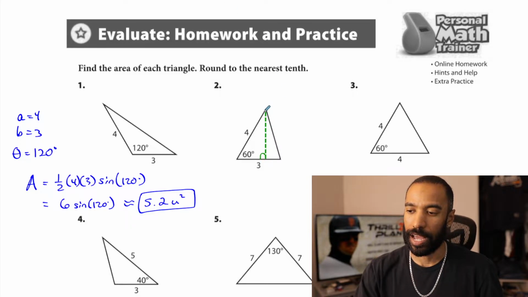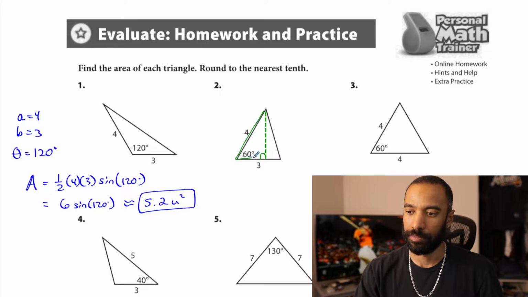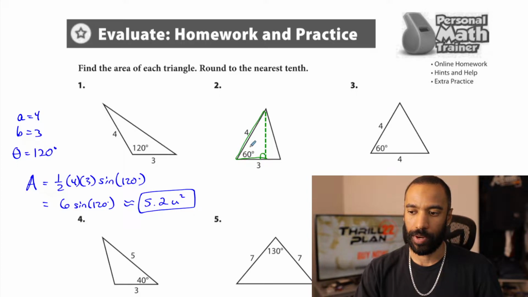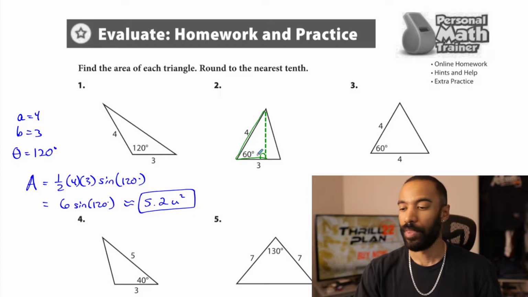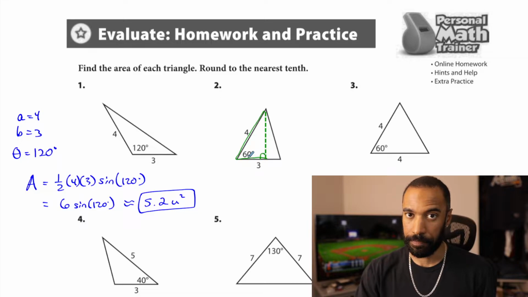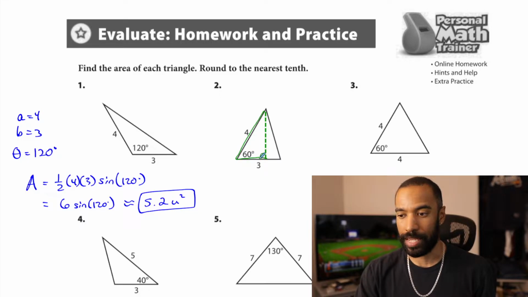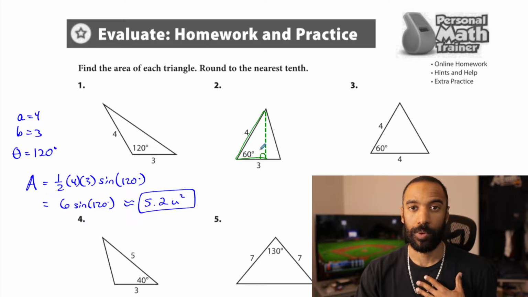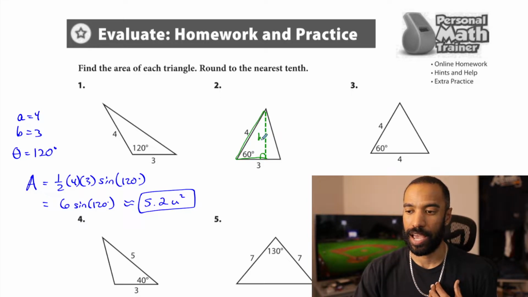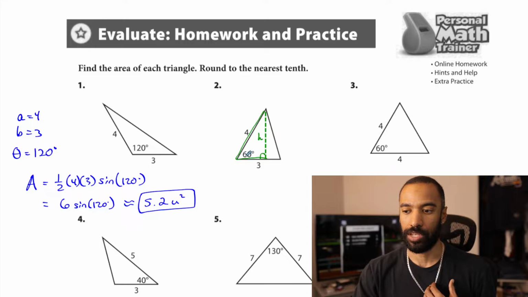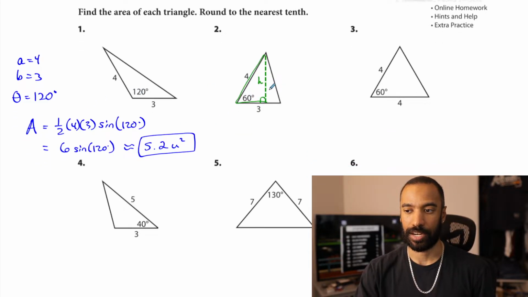Right here, I have a right triangle with a 60-degree angle measure and a hypotenuse of 4. This length is not 3, nor is this 3 cut in half exactly. We don't know what that is, and personally, we don't need it. What we need to find is height right here, and we can use the 60, not Pythagorean theorem, but we can use the 60 in trig to actually find that out.